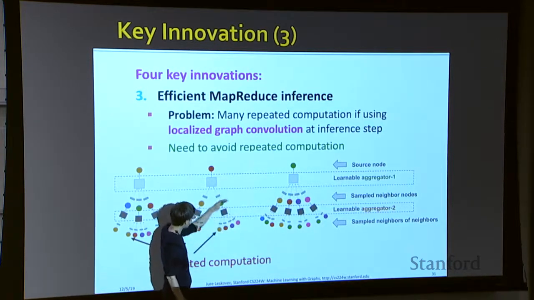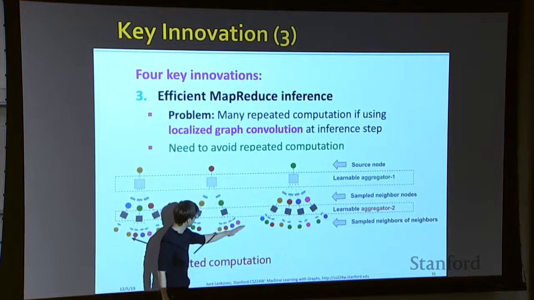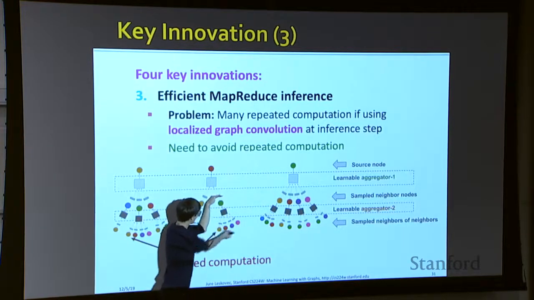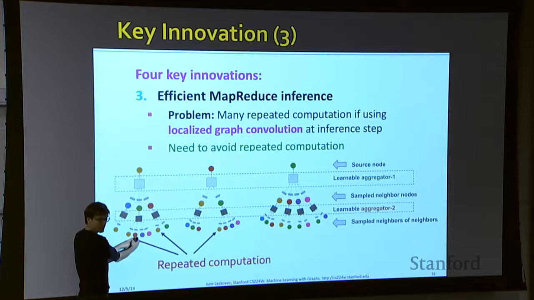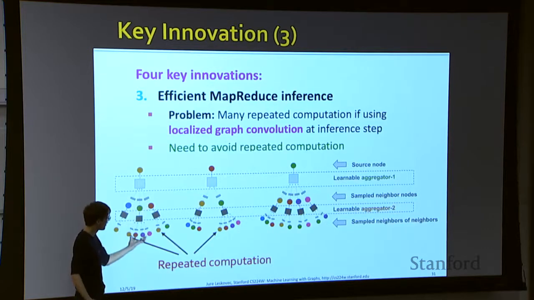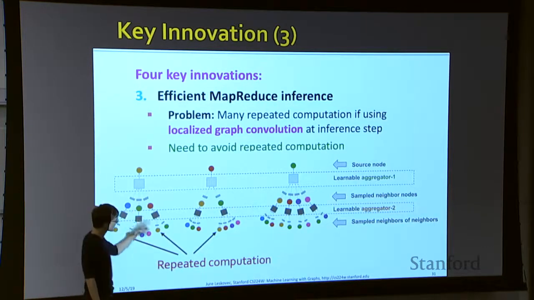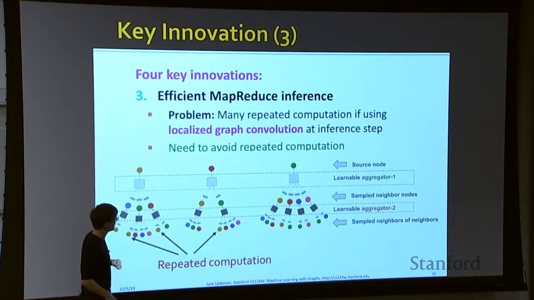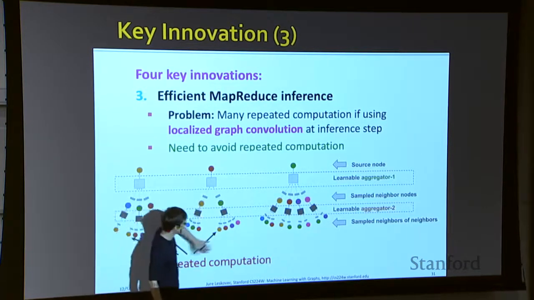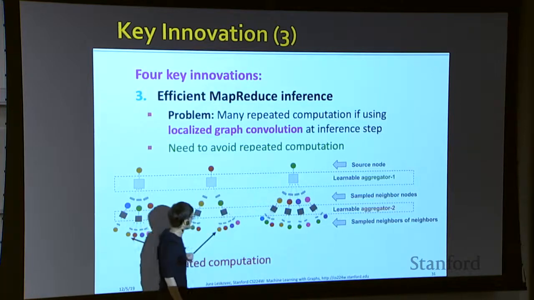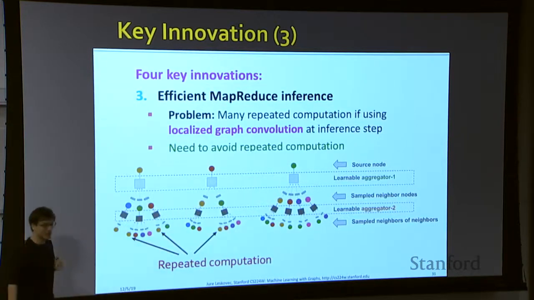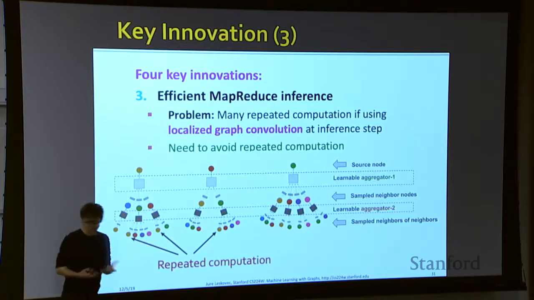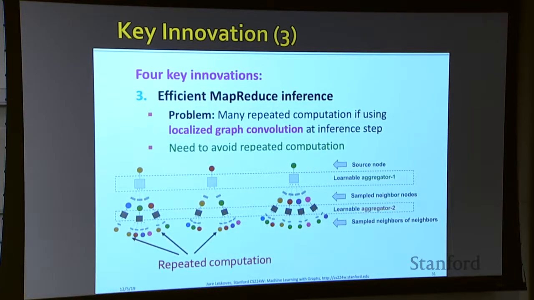So whenever I'm computing embedding for this guy, this subpart here also happens here. And it's the same messages. So I'm kind of doing this twice that I shouldn't need to be doing. I'm computing this thing here, I'm computing it here as well, and so on and so forth, right? So there is a lot of redundancy that happens in computation if you are not careful.